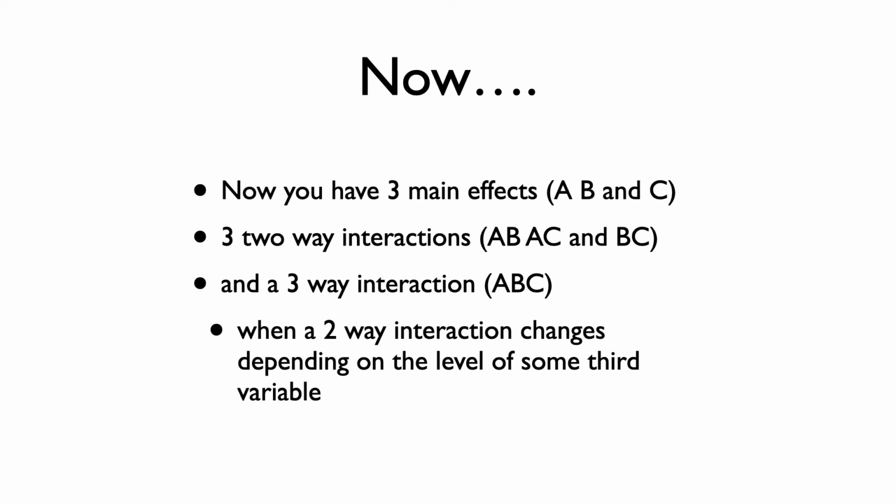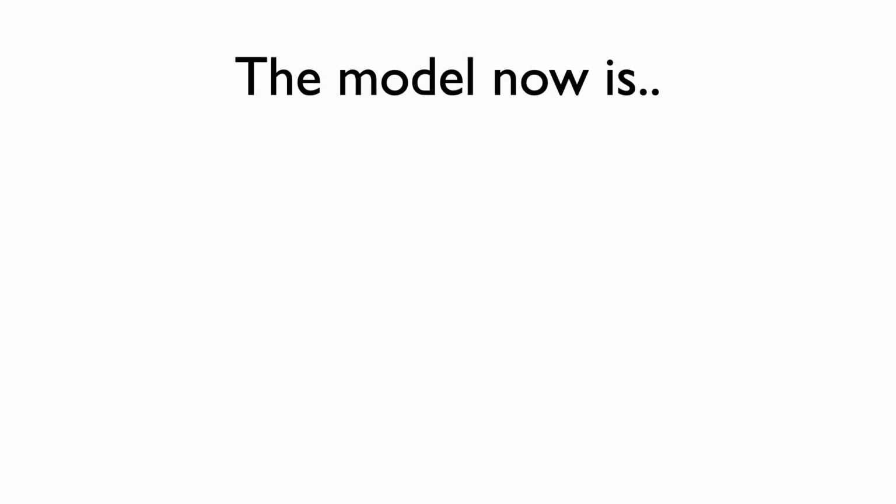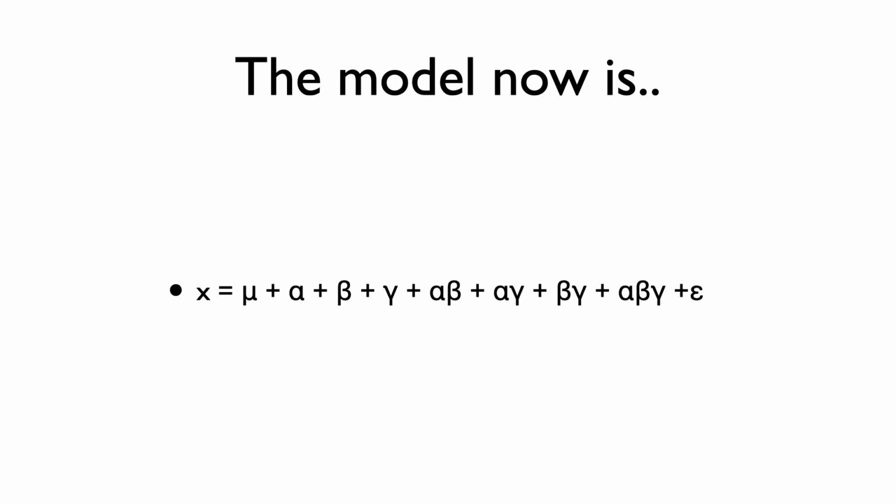A six-way interaction is when the five-way interactions change because of the level of some sixth variable. A 700-way interaction is when the 699-way interactions change depending upon the level of some 700th variable.